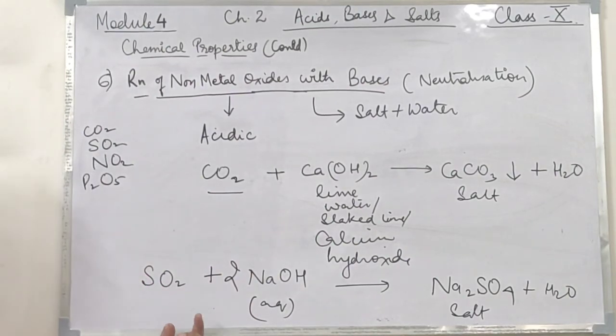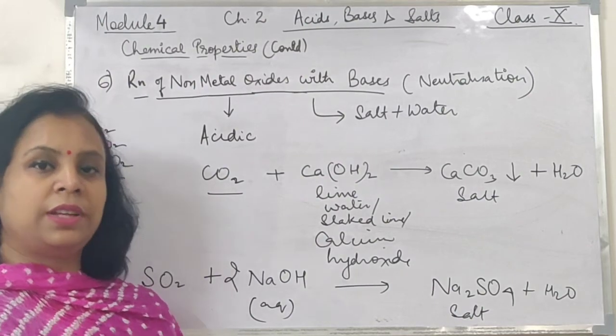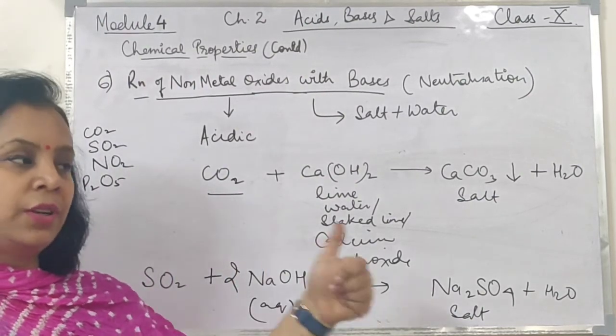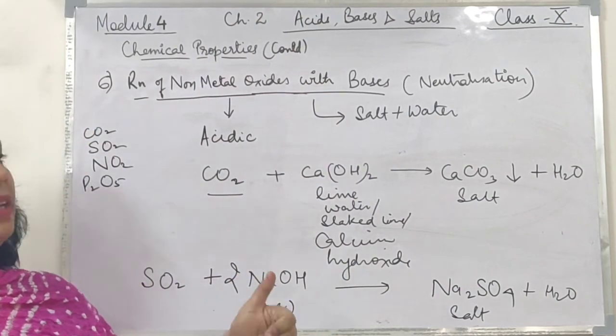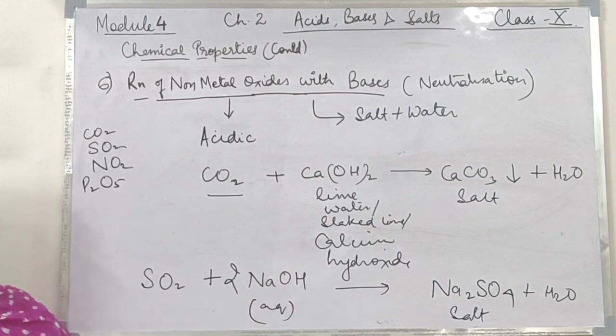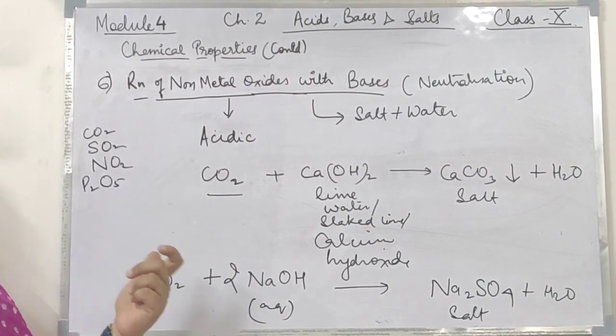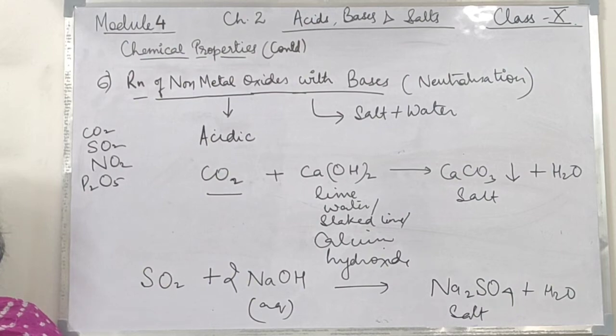So children, we will just sum up today's class. We studied the first reaction as the reaction of acid and base. The acid and base form salt and water, which is known as neutralization reaction. The second reaction we studied is the reaction of metal oxides with acids.